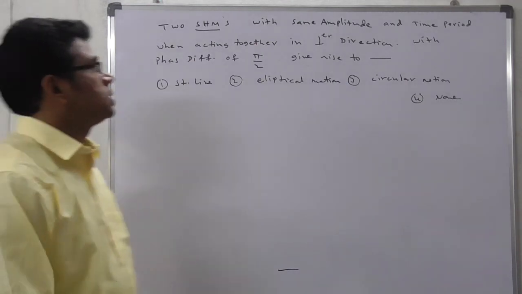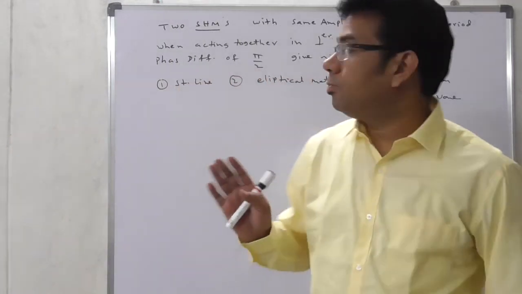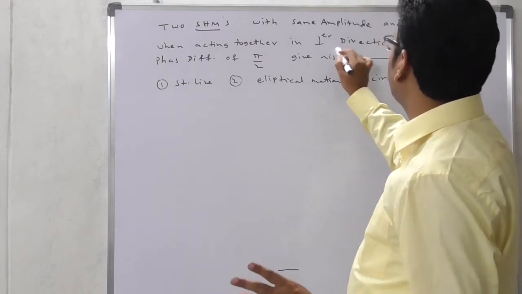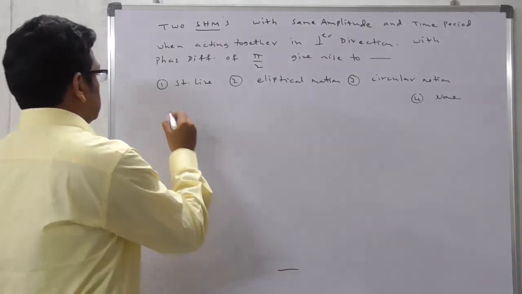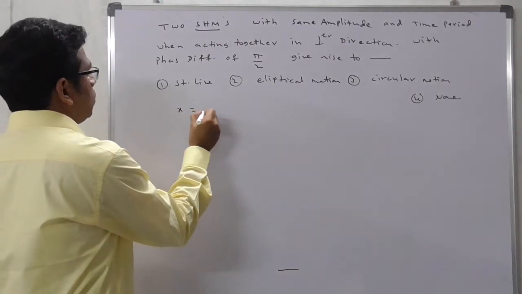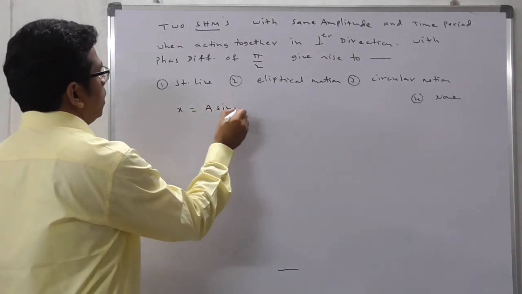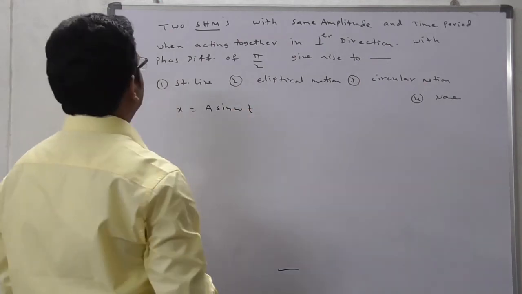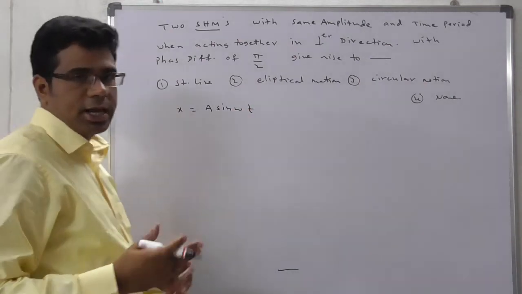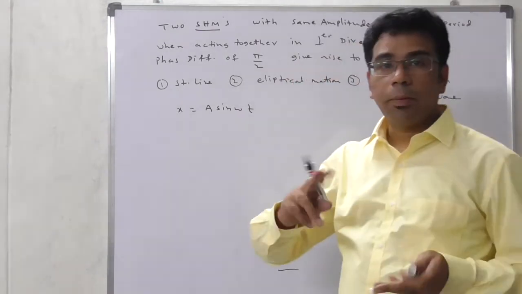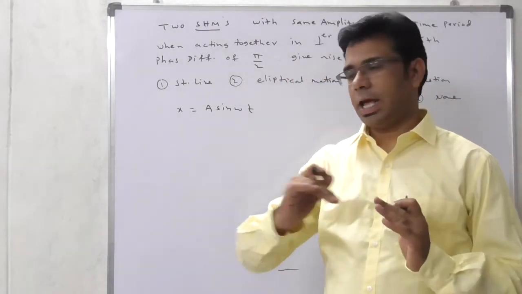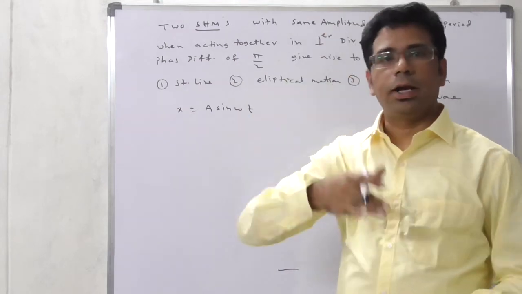Clear? Two SHMs with same amplitude and time period acting together in perpendicular direction. That is important. So we can take X equal to A sin omega t, time period T and amplitude given as A. These two act in perpendicular directions. Let one be in X direction, another in Y direction.